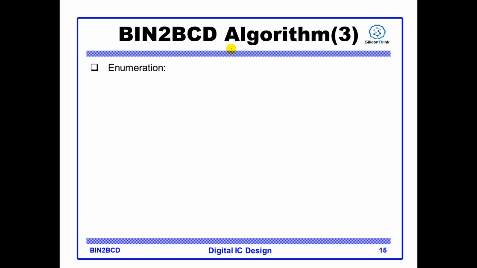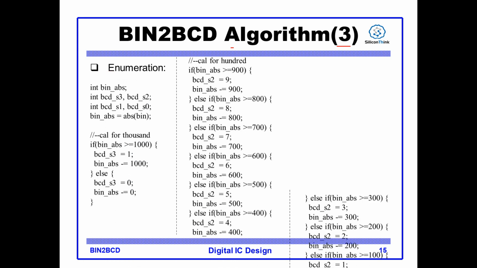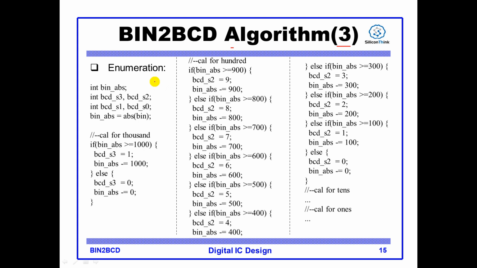Okay, I have figured out algorithm 3. I call this method the enumeration algorithm. So let's say we have pseudocode below. This is the first part.